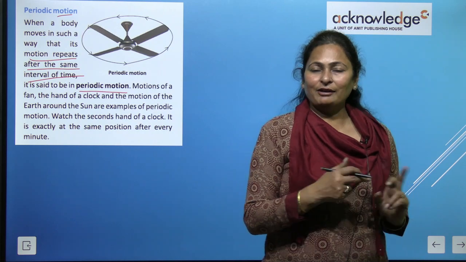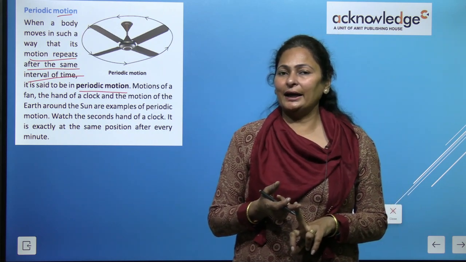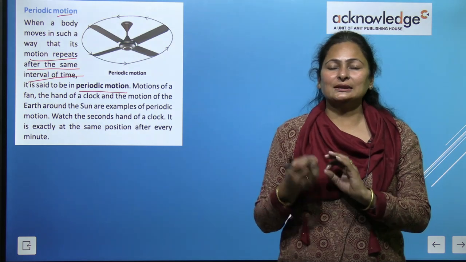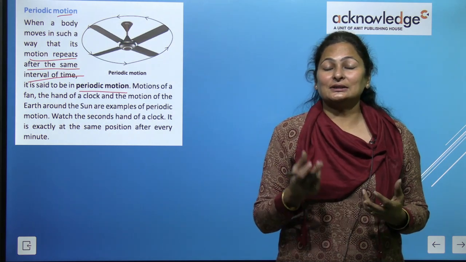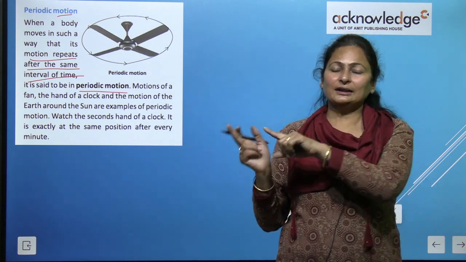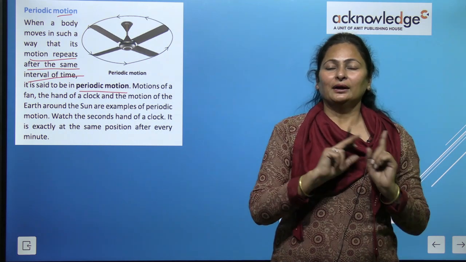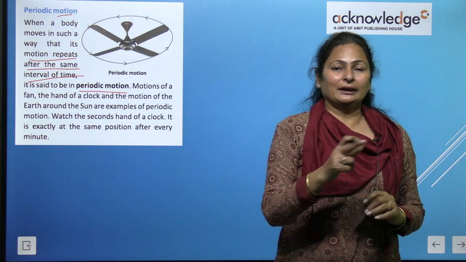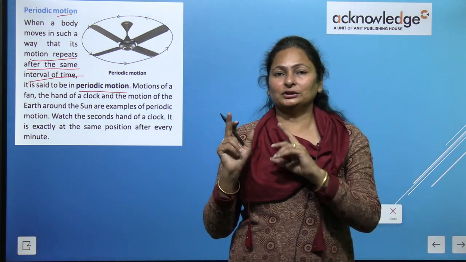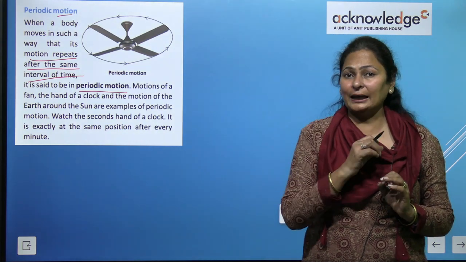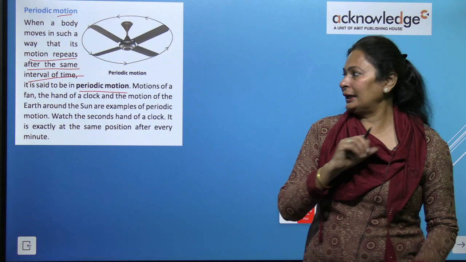It is 365 days and 6 hours, right? So it remains the same, 365 days and 6 hours. Earth is moving in its fixed path, which is called an orbit, in a circular motion, but every time it completes one revolution, it takes 365 days and 6 hours. So the time is the same, the period is the same.